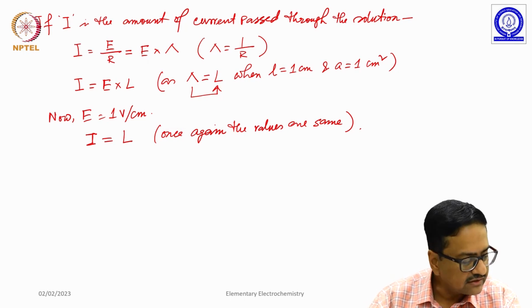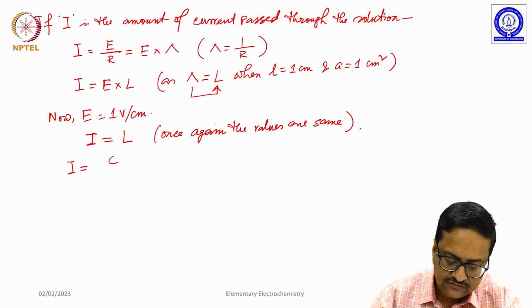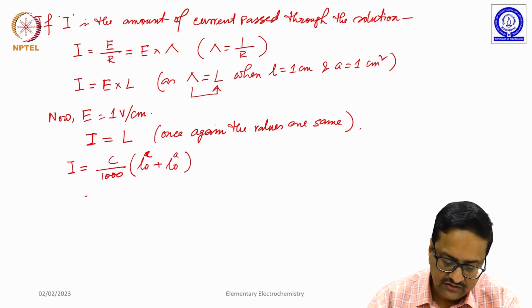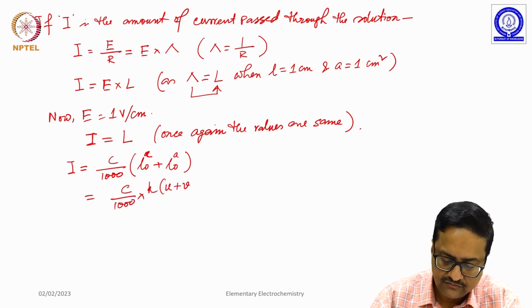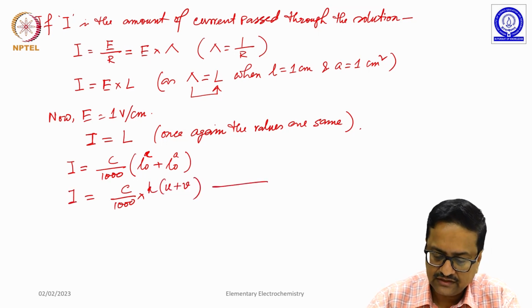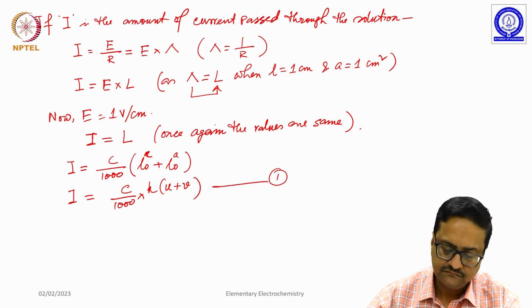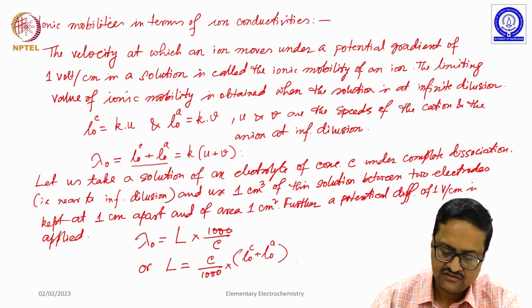So, now one can further write that I equal to L, which is nothing but C by 1000 into L0C plus L0A, or simply equal to C by 1000 into K into U plus V. Let us take this equation as equation number 1, right. We have written this from the previous page, which is here.